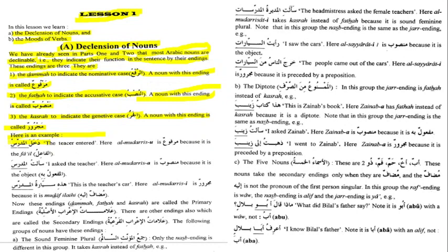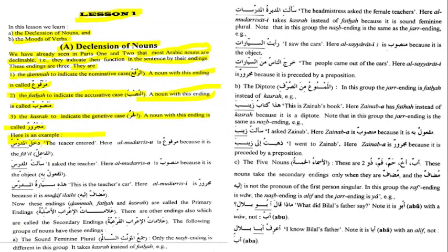Dakhala al-mudarrisu. So in dakhala al-mudarrisu, you already know that al-mudarrisu, because it is a fa'il, it has to be marfu', and then it is marfu'un bi dhamma. So we say dakhala. This is a jumla fi'liya. Dakhala is your fi'lu madi mabniyun ala fath.